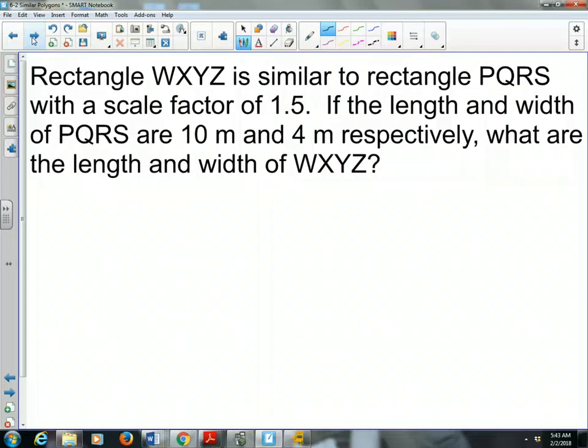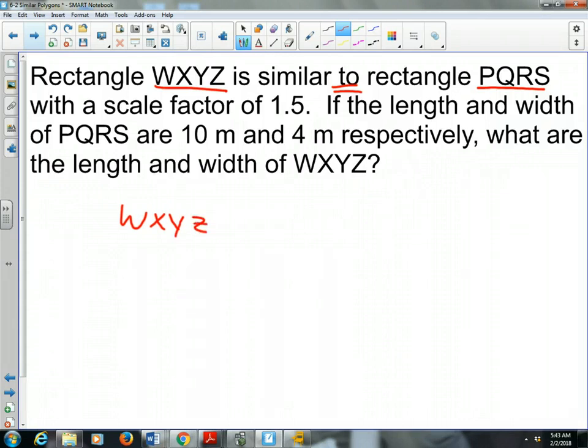Rectangle WXYZ is similar to rectangle PQRS with a scale factor of 1.5. So I'm just going to write this down so we kind of get an understanding of what this looks like. It says this one is similar to PQRS. So when I see that word right there, I'm going to write that as a ratio.